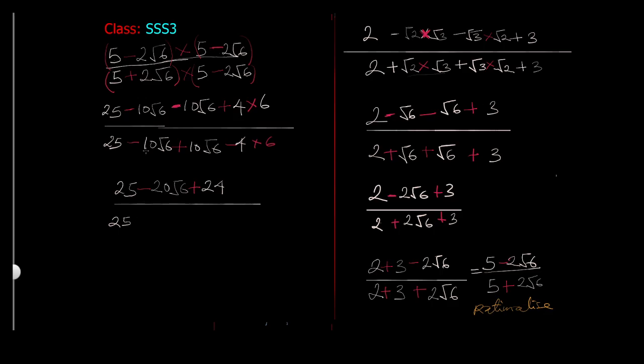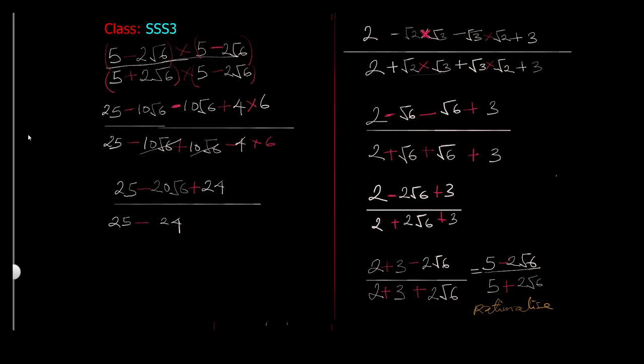So we just ignore this one, it cancels. We are left with 4 times 6, which is 24, so here is going to become minus 24. So we can collect like terms.